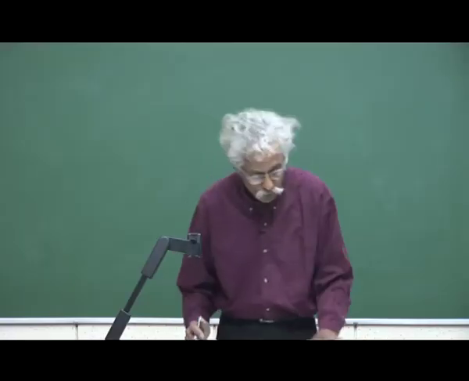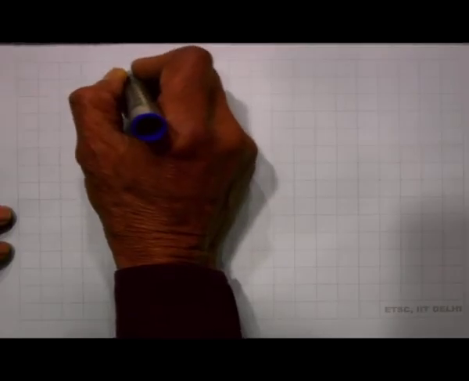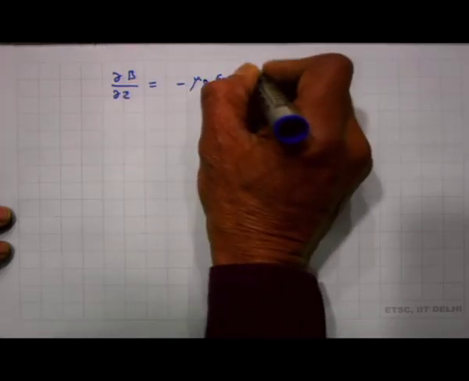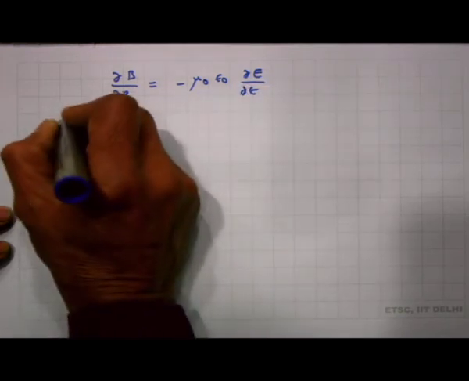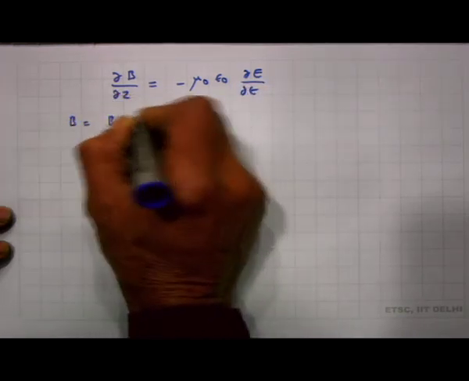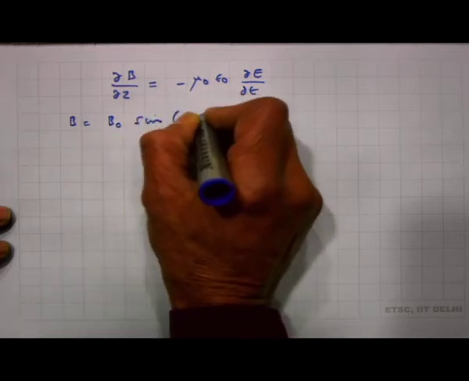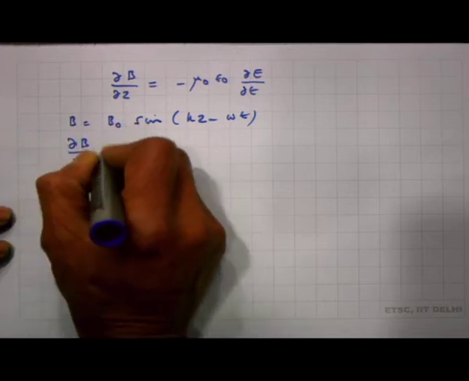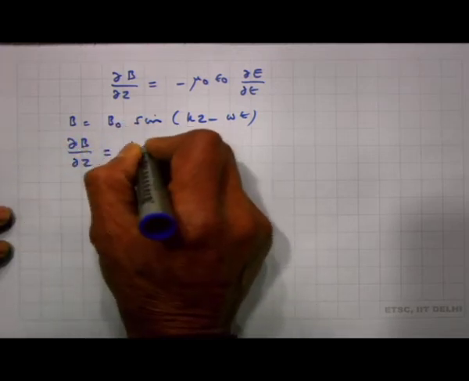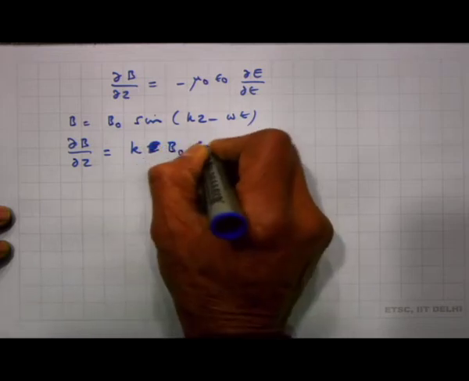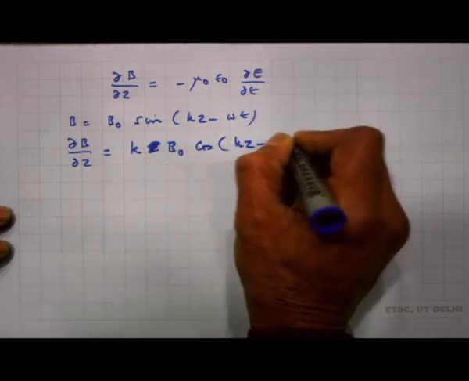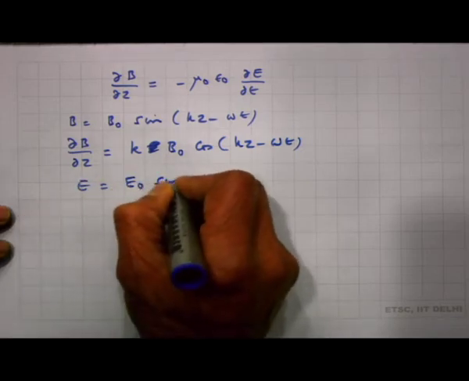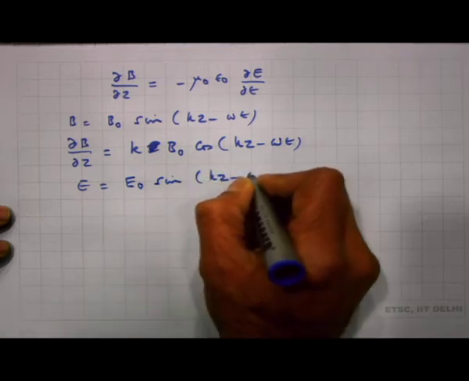So, let me substitute the solution. Let me rewrite this again: del B by del z is equal to minus mu naught epsilon naught del E by del t. Now, B was equal to B naught sin of k z minus omega t. So, del B by del z is equal to k B naught cos of k z minus omega t. E was given by E naught sin of k z minus omega t.